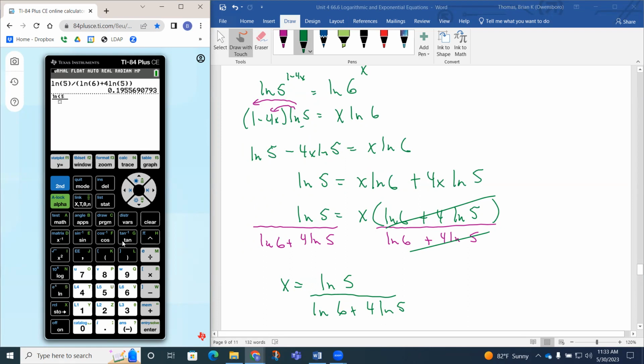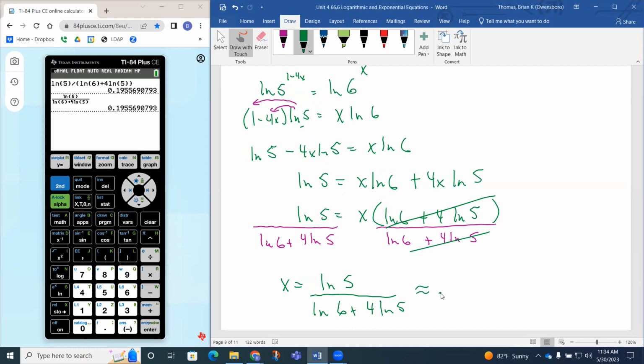So natural log of 5 over the natural log of 6 plus 4 natural log of 5. So it's the same answer. So as a decimal, we would say, would that be 0.195 or 0.196? If I'm rounding to 3 decimal places, and I can't remember if they do that or not in there, but 0.196 would be the estimation.